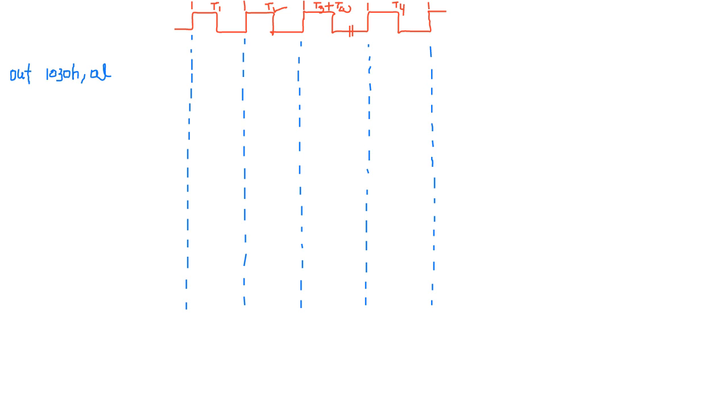Okay, so if it is like that, this is our instruction: OUT 1030H, L. So this is the port address, right? 1030H, L. So data is, it is a write operation. So input output write operation.